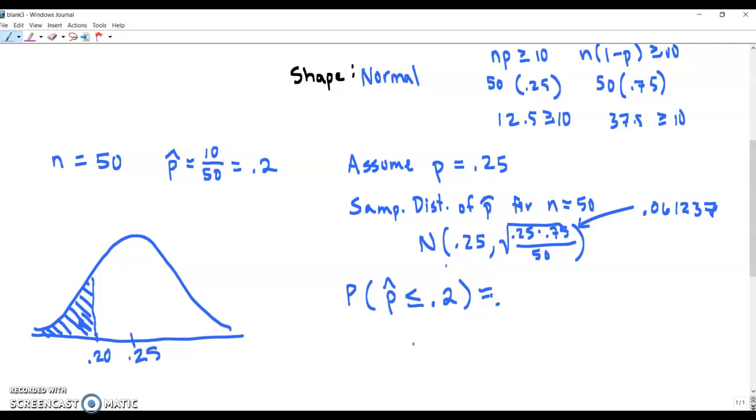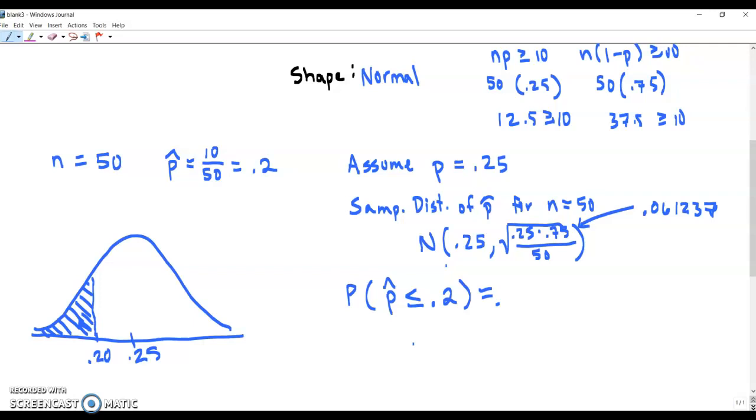So on my calculator, I will go to either shade norm or norm CDF. That's under distributions. My lower value is not going to be 0, right? It's going to be negative infinity, because the normal distribution is continuous. It goes off to infinity in both directions here.